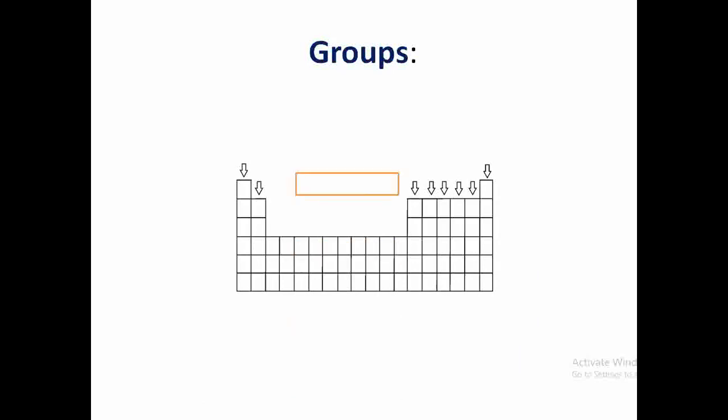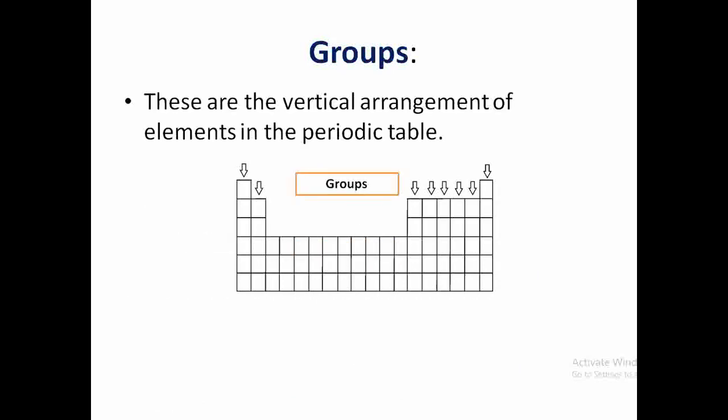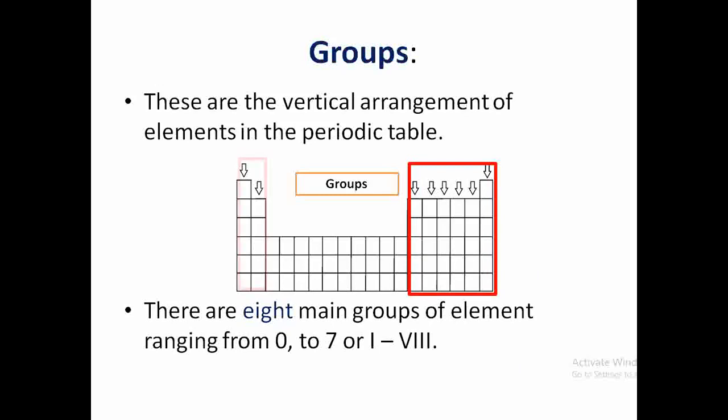Groups. These are the vertical arrangements of elements in the periodic table. There are 8 main groups of elements ranging from 0 to 7 or I to VIII.